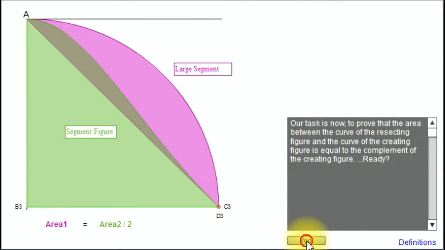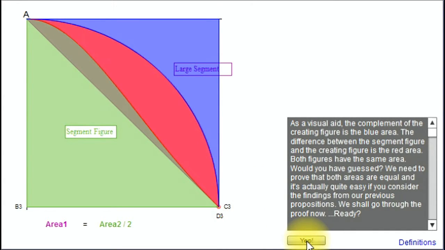And what Leibniz is showing now in this proposition, as some sort of validation of the concept of his use of the infinitesimals, he is proving that the red area, which is now drawn up here as basically the area which is bound by the arc of the quarter circle and the resecting curve, is actually the same as the complementary area of the quarter circle itself.